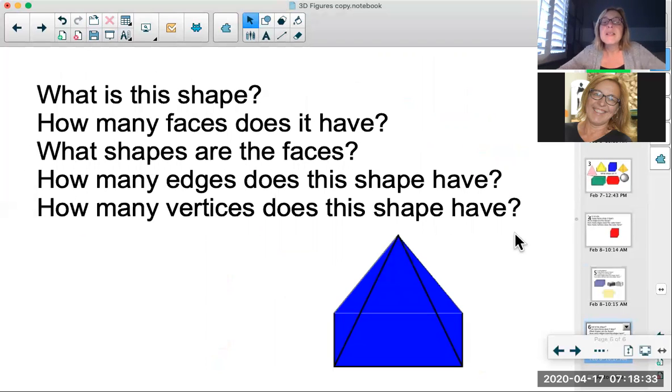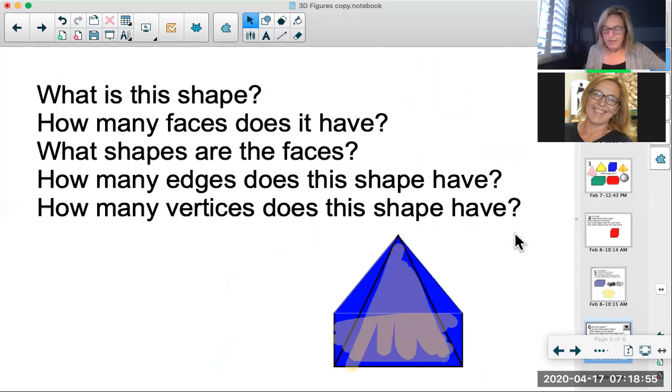All right. Now this figure looks different for sure. Let's start with counting the faces. I see it's sitting on the bottom on a rectangle. Do you see that? And then it appears that there are triangle faces, and I see one there, and I believe there's one opposite it, and then there's one here and one opposite it.